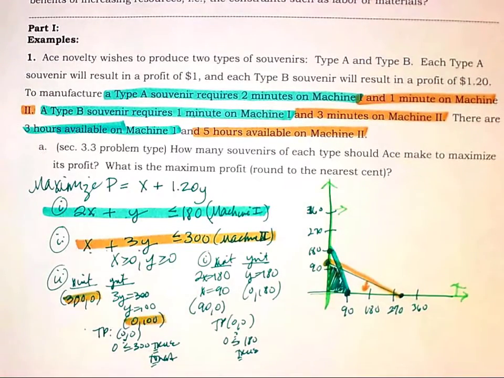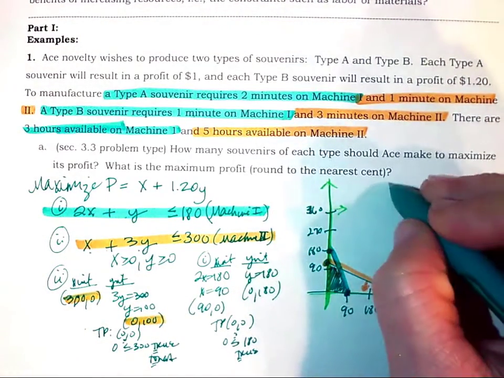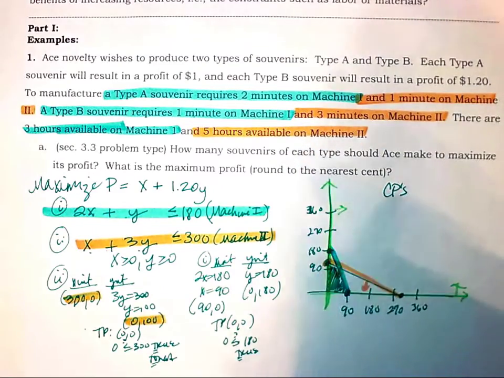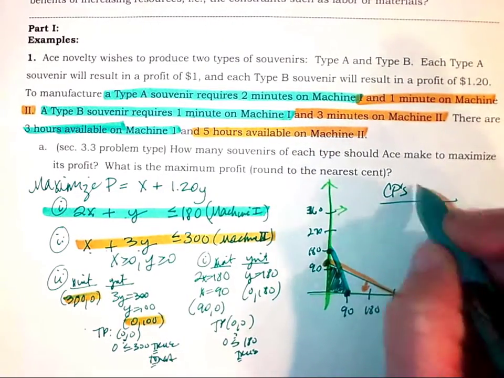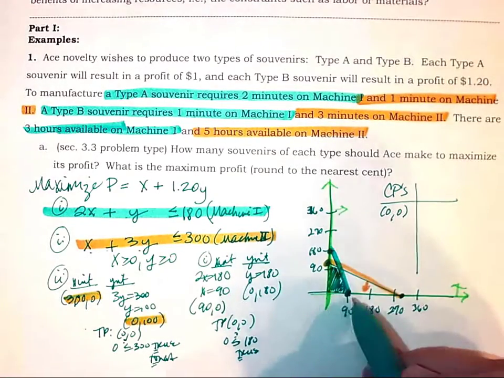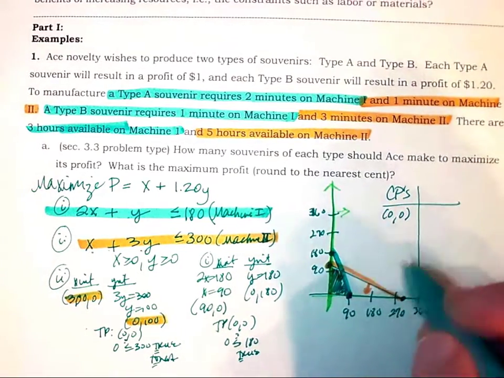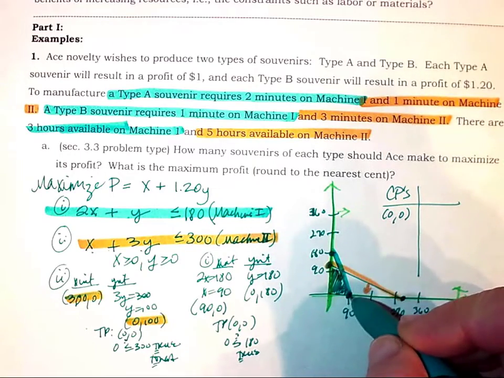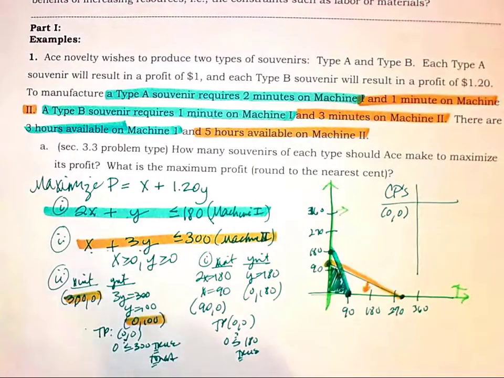So we've got 4 corner points that we're going to have to check to see which one is going to do the job of maximizing. So 0, 0 typically isn't the one. It might be this one. Let's see. That's the 90, 100 from the, I should color code those as well.